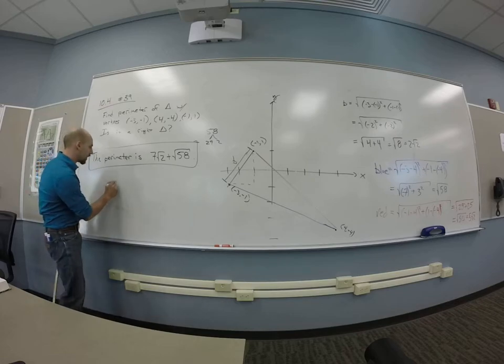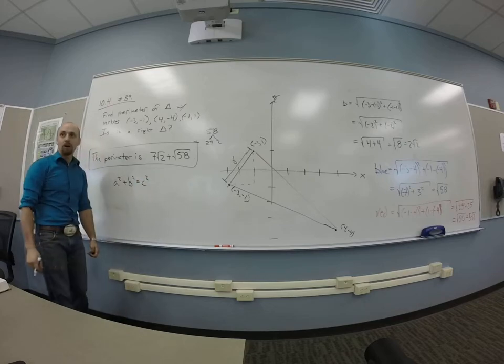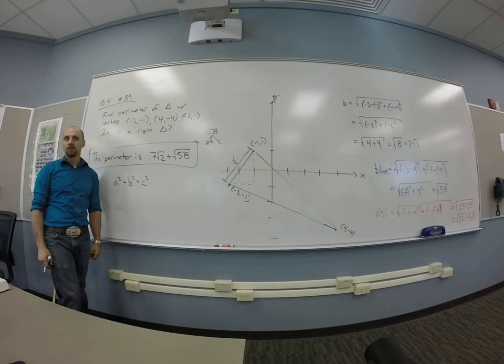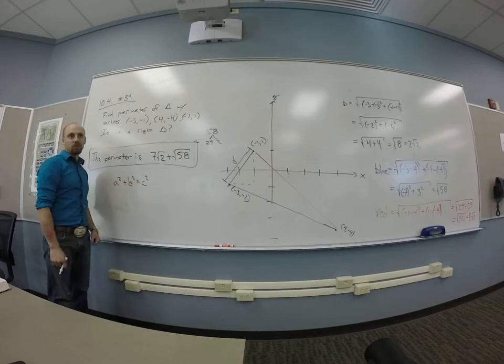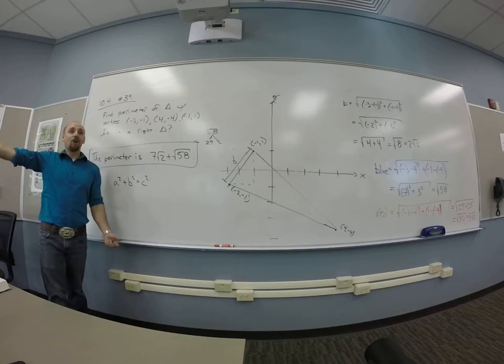I'm going to do a squared plus b squared and check if that's c squared. But do I have to do that for all the sides? There are different choices for a, b, and c. Why don't I have to do them all? The longest one's going to be c, right?